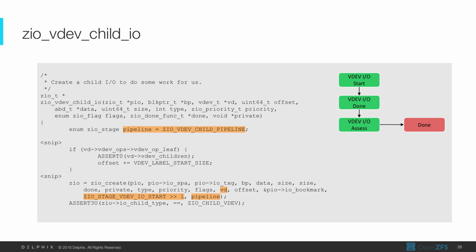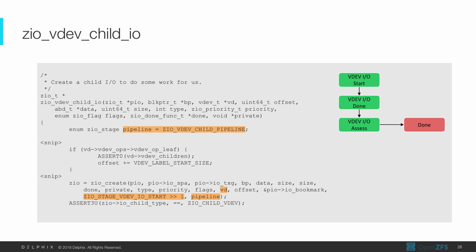The other thing to note here is the pipeline. Notice how the start stage here is this stage VDEV IO start right shifted 1. Unlike all the other pipelines where we actually start in the open stage, this is one where we start the pipeline at VDEV IO start.